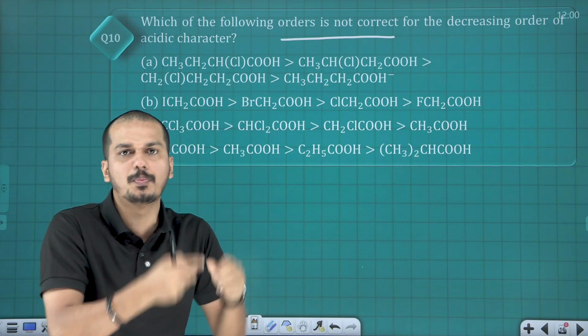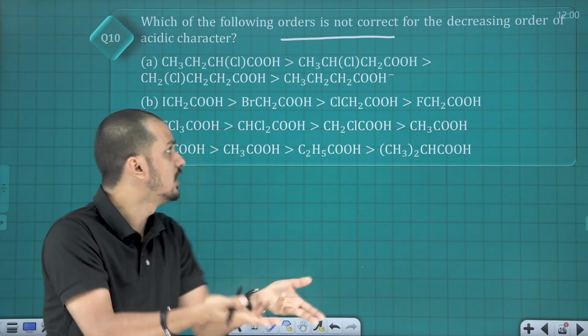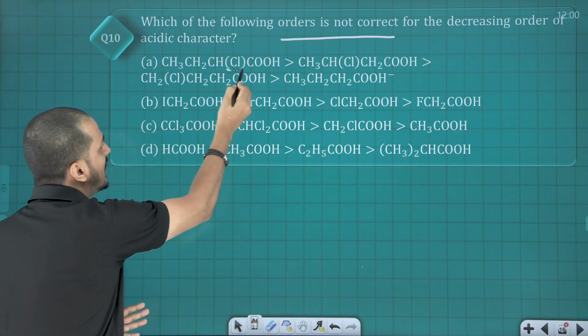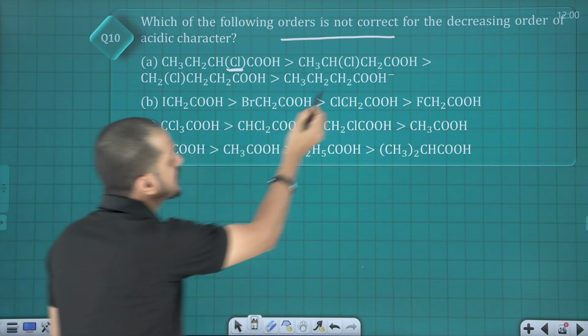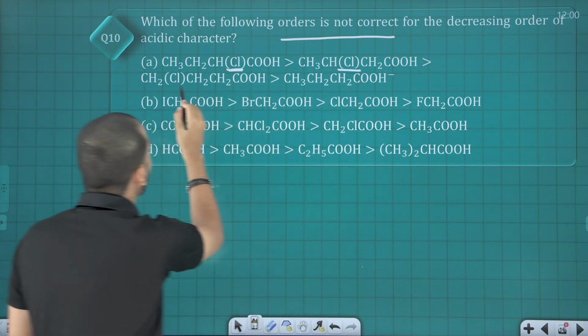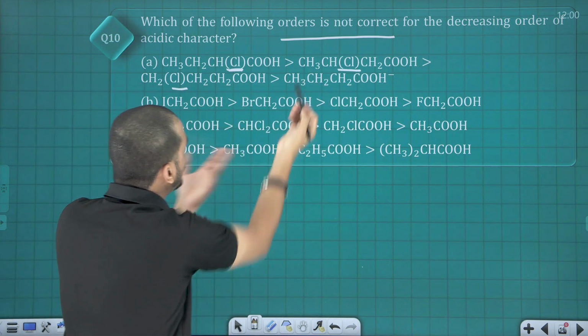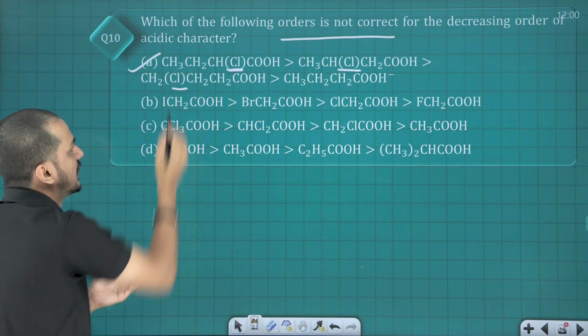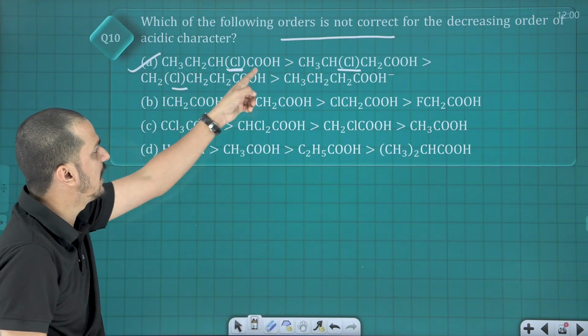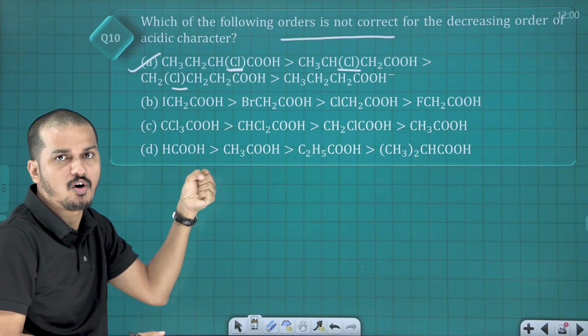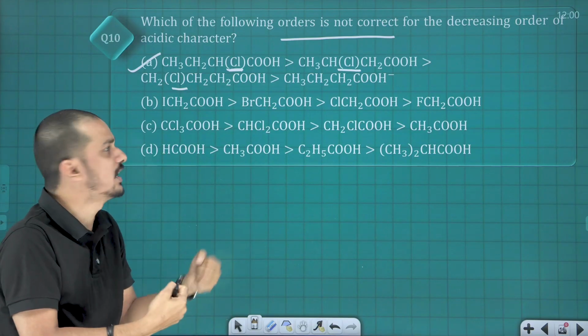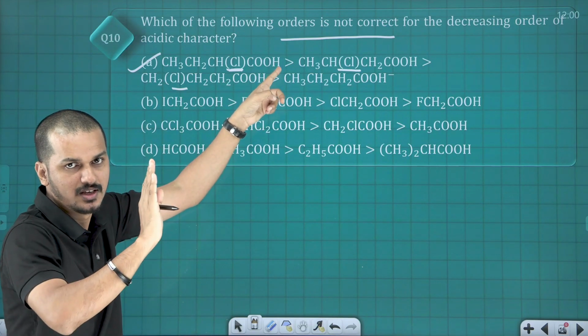If the electron withdrawing group is nearby, acidic character is more. Let's look at the first case. Cl is nearby. Cl is away. Again Cl is far away. Again Cl, there is no Cl. So that is correct. Because Cl nearby will try to withdraw the COOH hydrogen more strongly. Automatically H can easily leave. So that is more acidic.